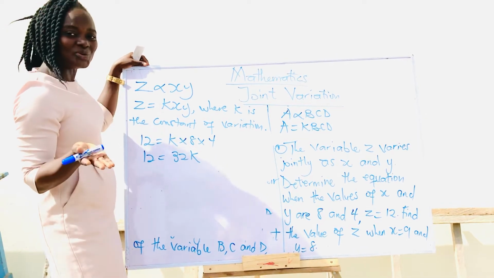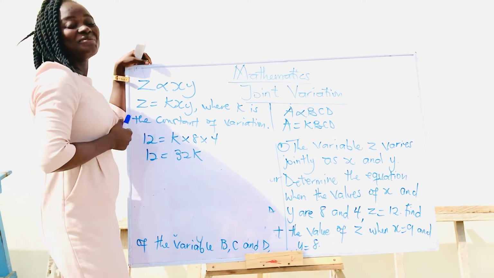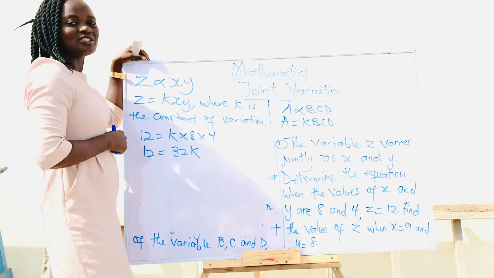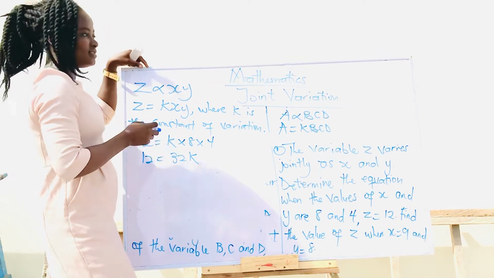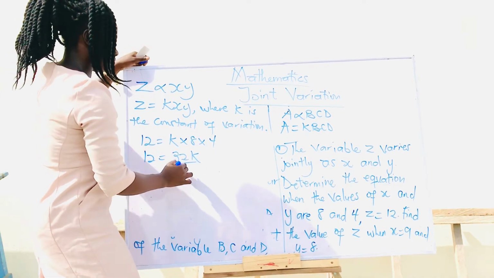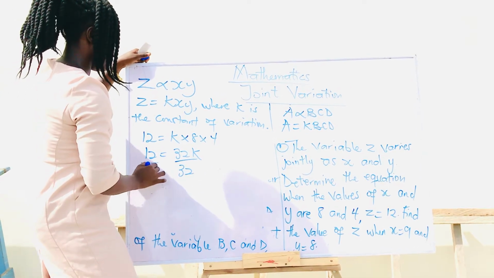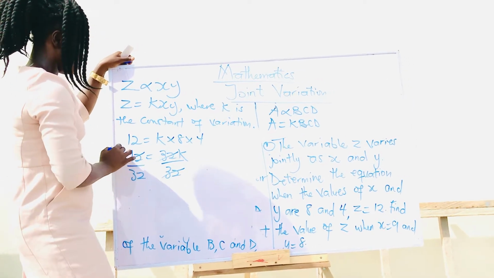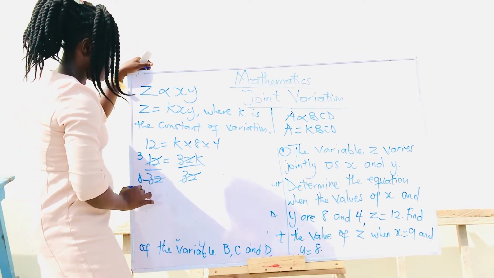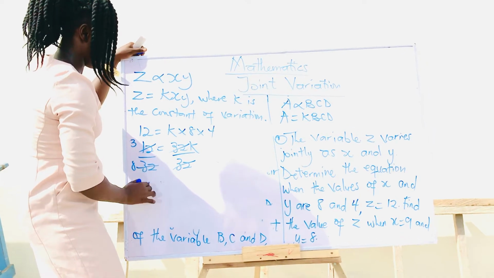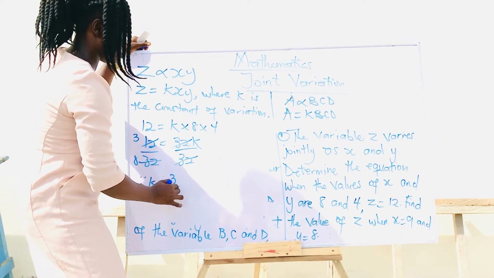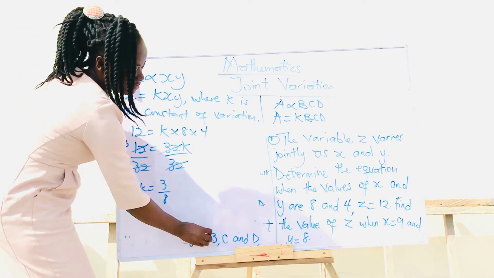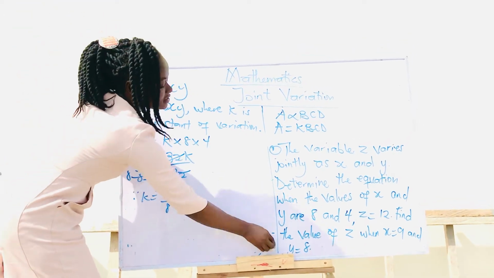So what do we do? Excellent. We divide both sides of the equation by the coefficient of the variable, that is K. So this becomes K equals 12 over 32, which is 3 over 8.